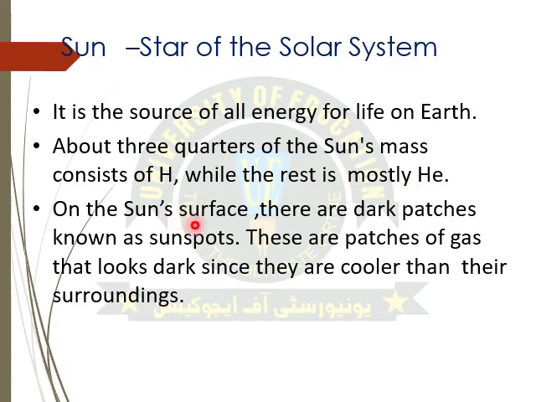On the sun's surface, there are dark patches known as sunspots. These sunspots are patches of gas that look dark since they are cooler than their surrounding areas.